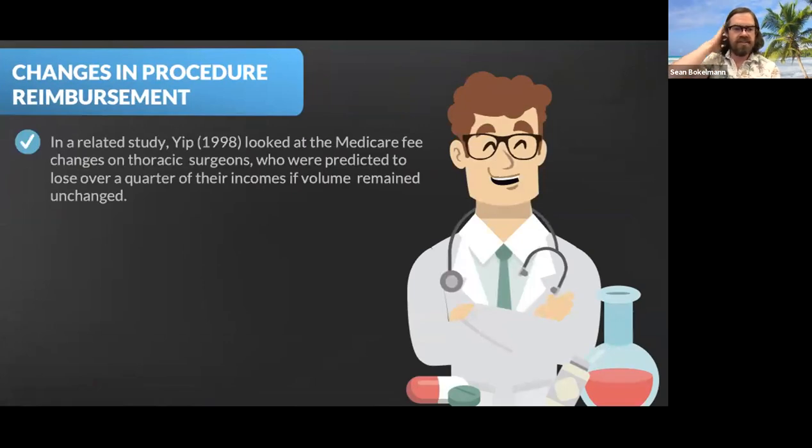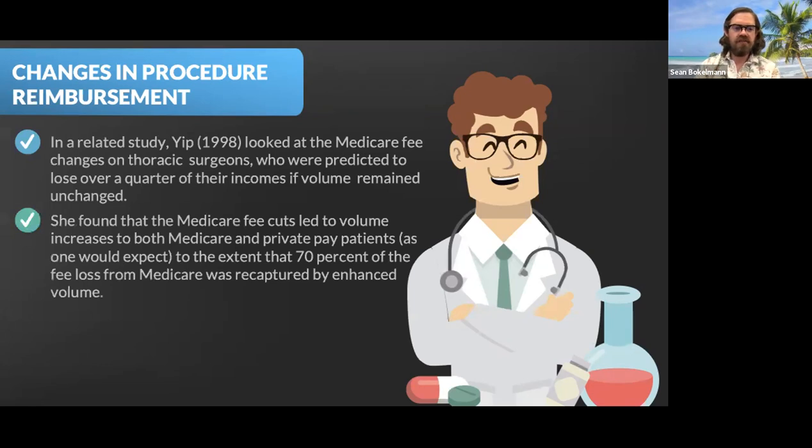In a related study, Yip looked at the Medicare fee changes on thoracic surgeons who were predicted to lose over a quarter of their incomes if volume remained unchanged. So the fees were reduced basically by a quarter. She found that the Medicare fee cut led to volume increases in both Medicare and private pay patients. That's interesting, right?